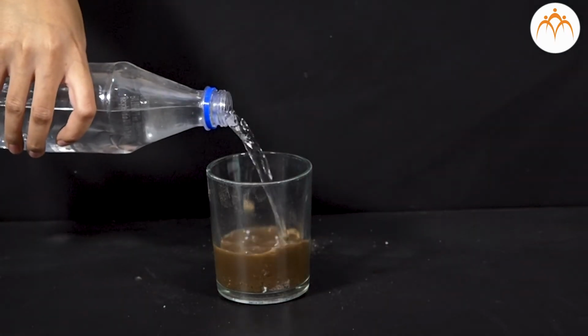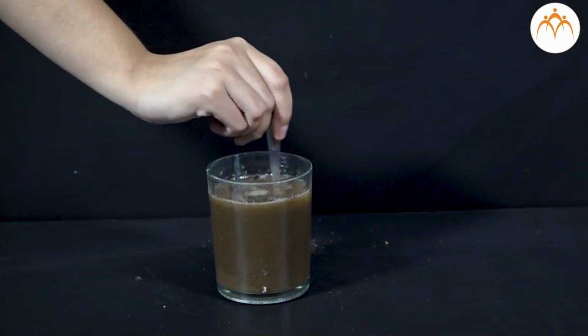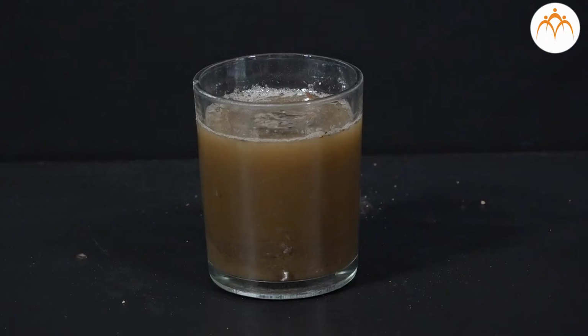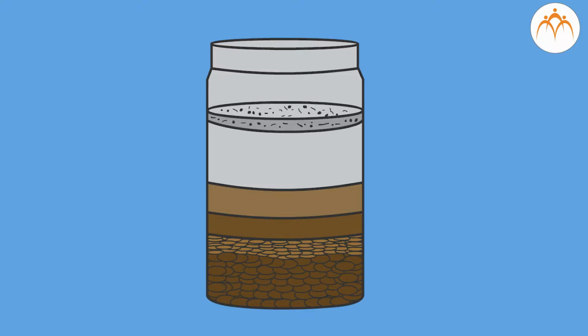Pour some water into the container with soil and stir it well so that the soil dissolves in water. Allow this suspension to stand undisturbed for some time so that you can see the clear layers in the container. Observation: we see layers of particles of different sizes in the container.